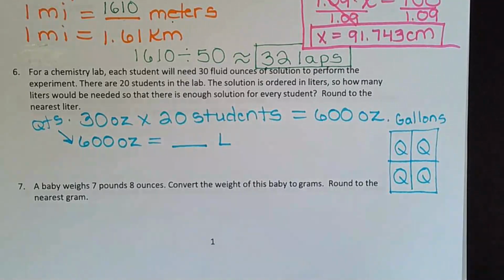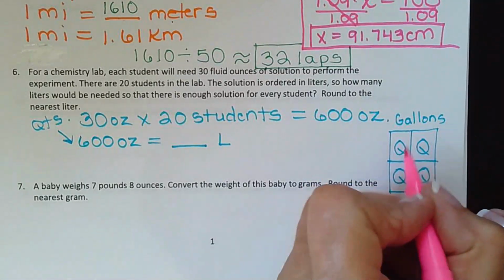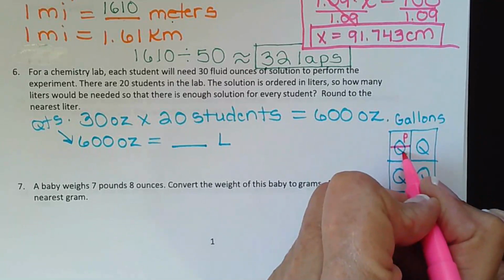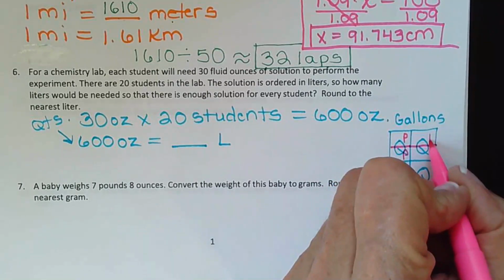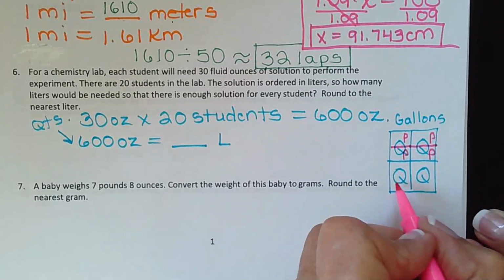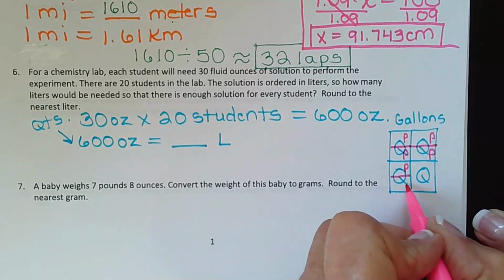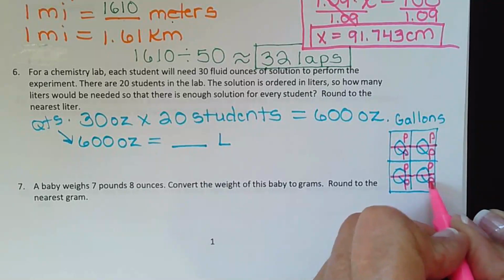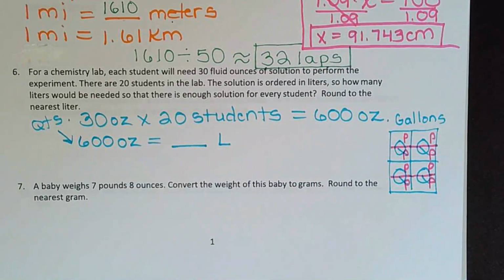So each quart is divided into 2 pints, as we learned a couple sections ago, in the first section of this chapter. And do we know how many ounces are in a pint? We only know how many ounces are in a cup from our formula sheet.